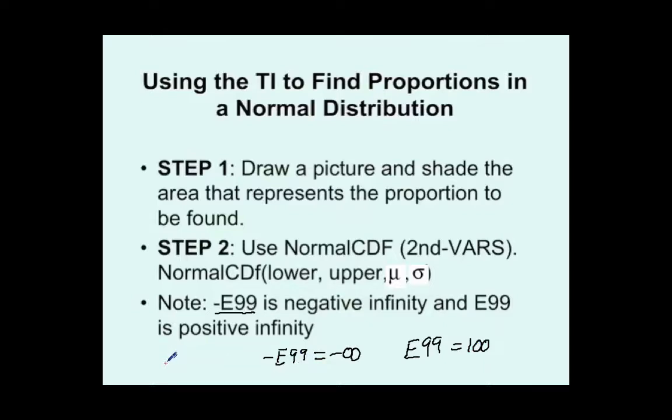When you look at negative E99, that's negative 1 times 10 to the 99th. And E99 corresponds to 1 times 10 to the 99th. So notice that this is a 1 with 99 zeros behind it. That's an awfully large number, and it's the largest number the calculator can handle.